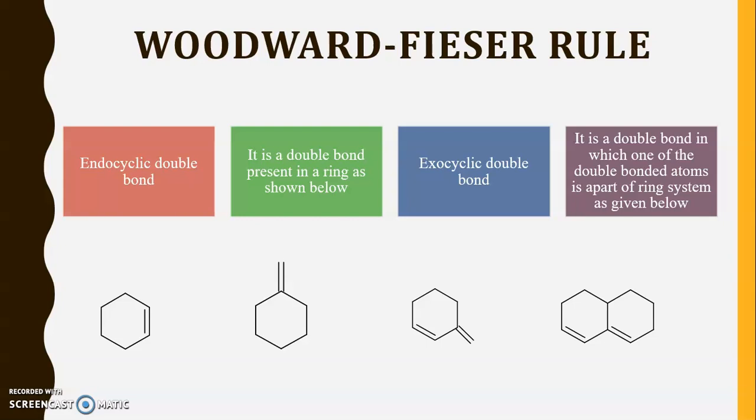So these are the four definitions that we have to discuss: the homoannular diene, heteroannular diene, then endocyclic double bond and the exocyclic double bond. Now, by considering the examples of different compounds, Woodward and Fieser have postulated different values depending upon whether the substituents are present, whether the heteroannular diene is there, whether the homoannular diene is there.